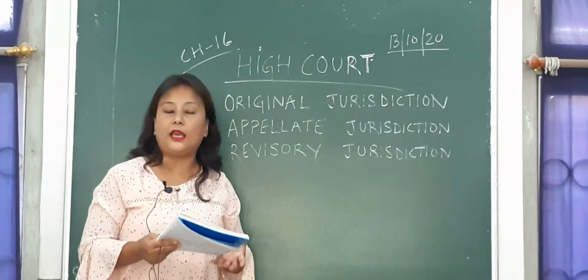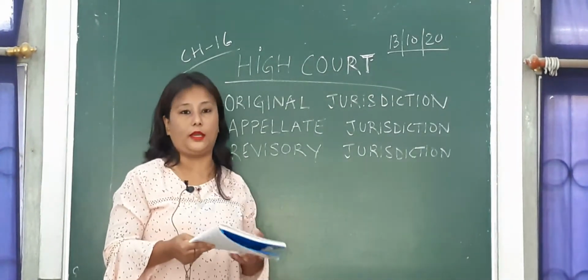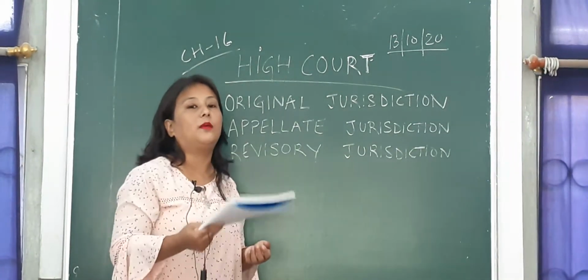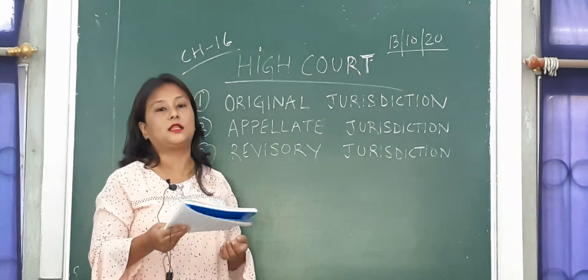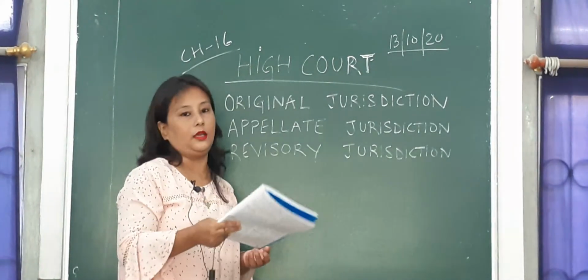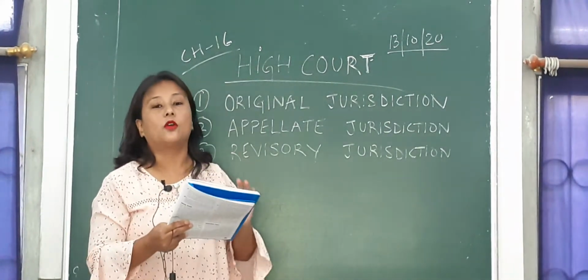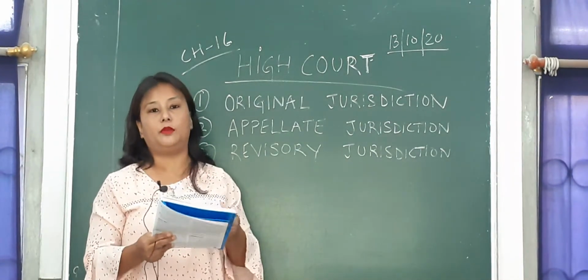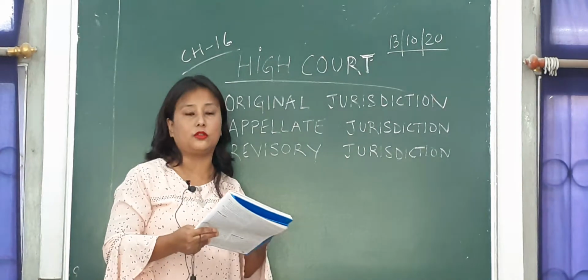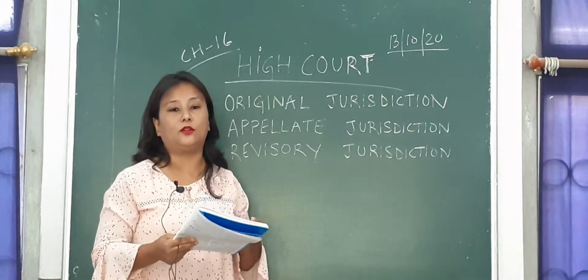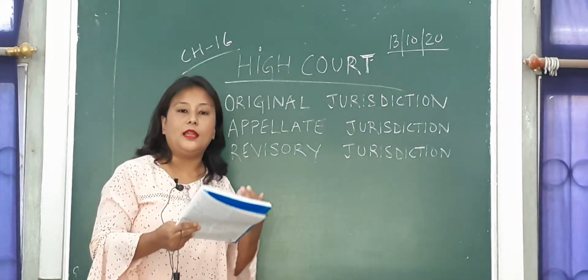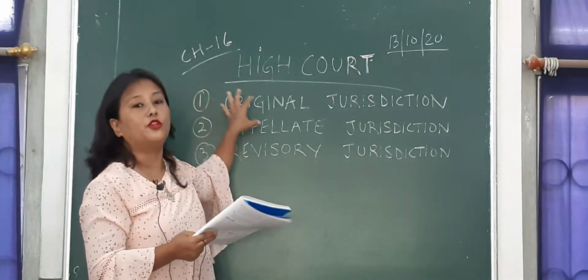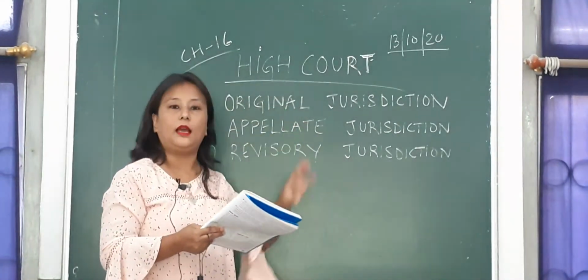Then any case or any problem relating to your fundamental rights is also taken to the High Court. Then you have constitutional cases, meaning if there is any kind of problem regarding the Constitution or any kind of breakdown of the Constitution, then again such cases are directly taken to the High Court. So this is the original jurisdiction of the High Court.